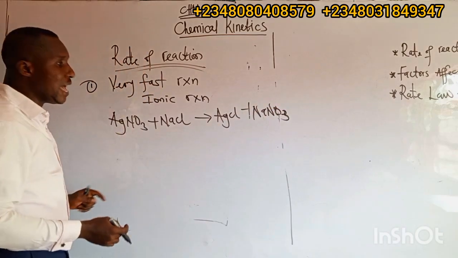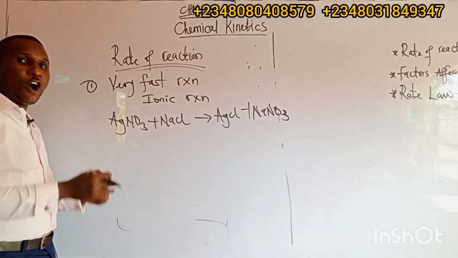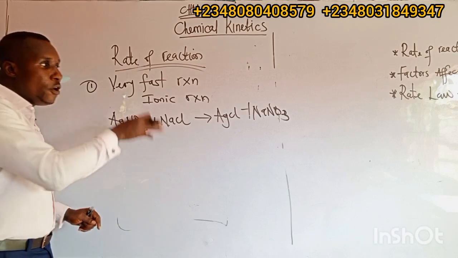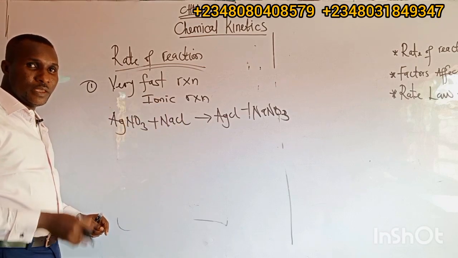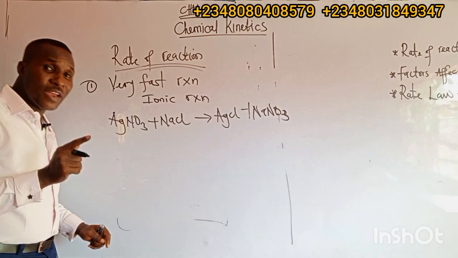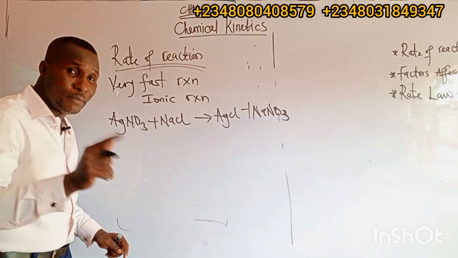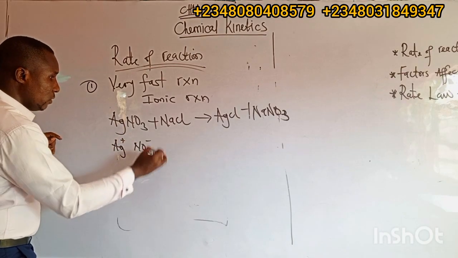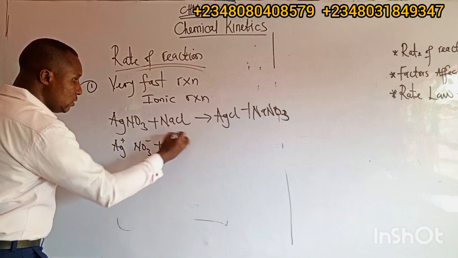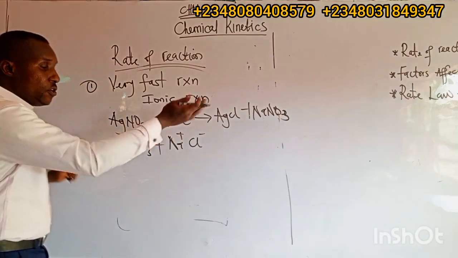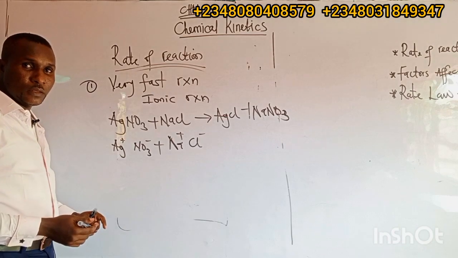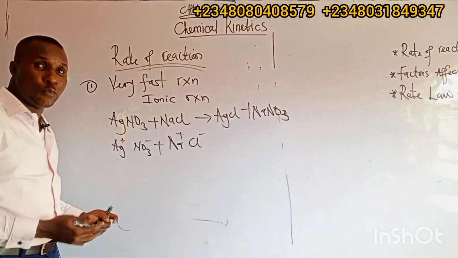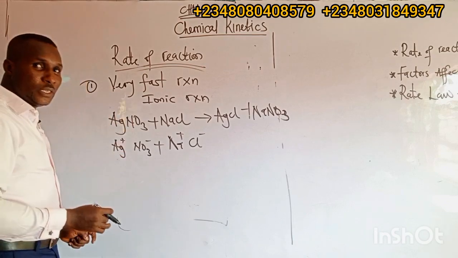This is an ionic reaction which can occur in microseconds. It's very fast, so we cannot measure the rate of this reaction. This is silver ion, nitrate ion, plus sodium ion, chloride ion. The rate cannot be determined, because it happens within microseconds.